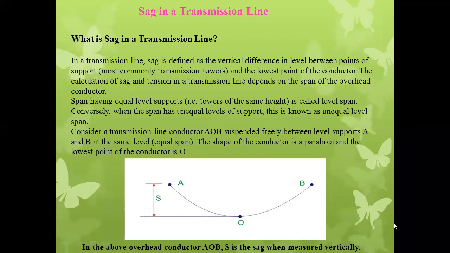Roll number 24. 26 is absent. 28, 29, 30, 31, 32, 33, 34, 39, 41, 42, 43, 44, 46, 47, 48, 50, 51.